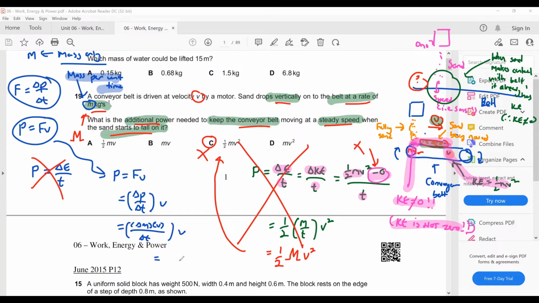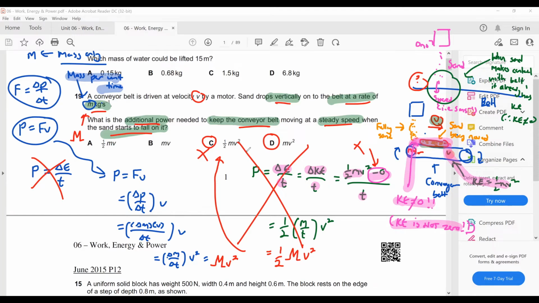Given v, this change in mass divided by t, times v, equals v squared. Then this one is equals to mv squared. Your correct answer is this.